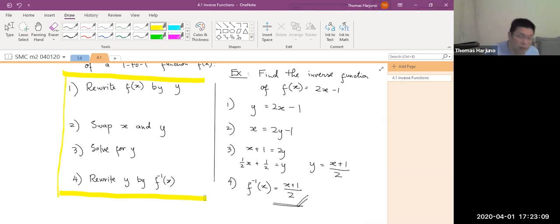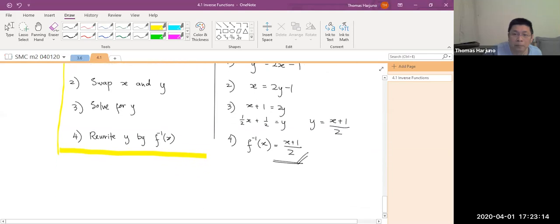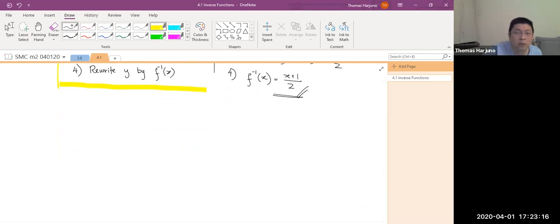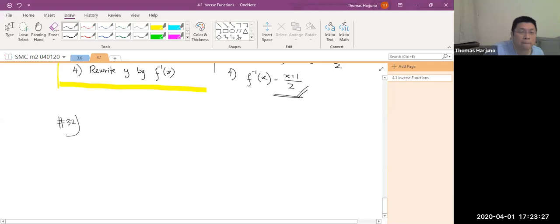Let's say, for example, I pick question number 32. Number 32, find the inverse function of f(x) equals 4x over (x minus 2).